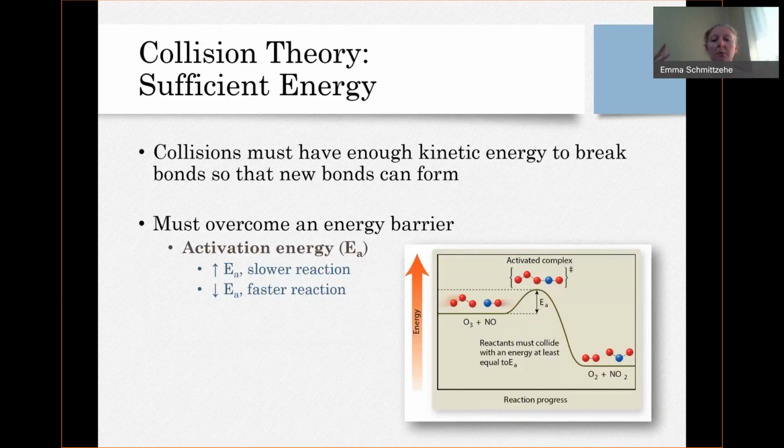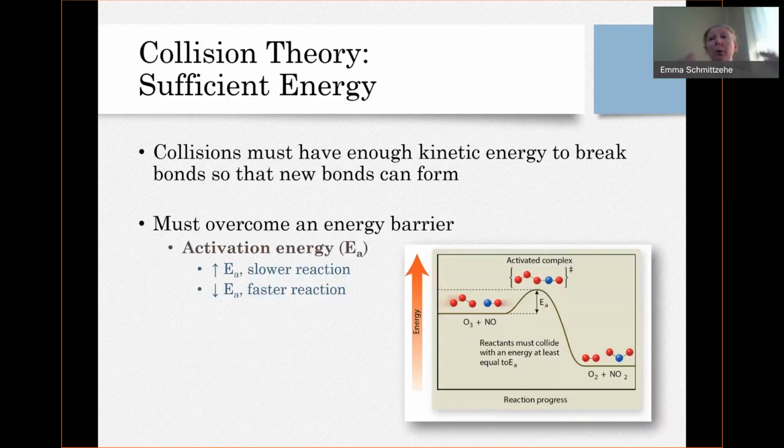If it's not in the right orientation, it doesn't matter what the energy is of these things colliding. It won't be successful. Or you could have things that have enough energy, but if they don't collide right, then it still doesn't react. But if both of those things are true, then you're going to have a reaction.